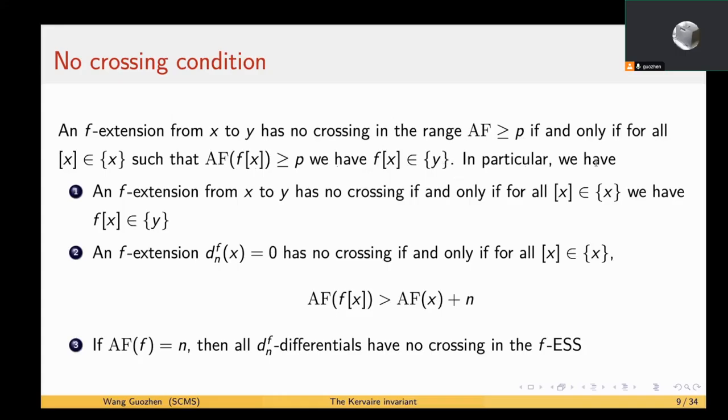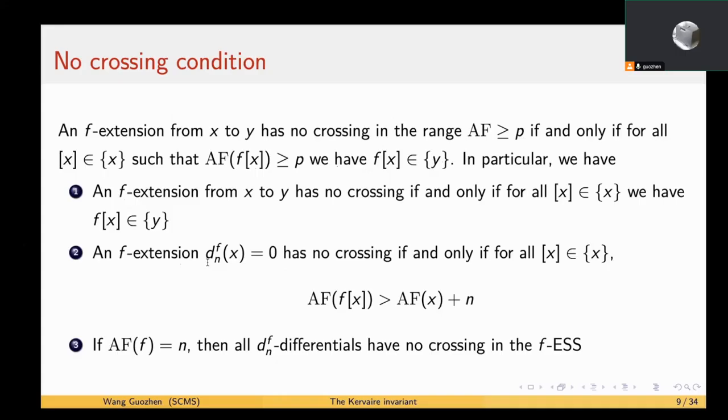In particular, an F extension from x to y has no crossing if and only if for any representative of x, F(x) is detected by y.